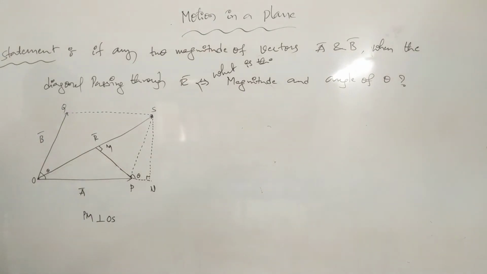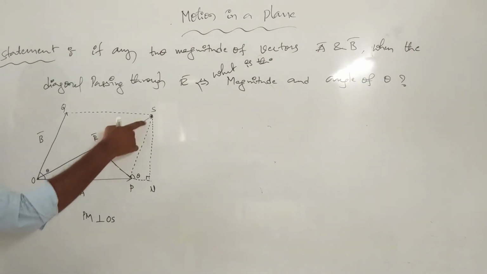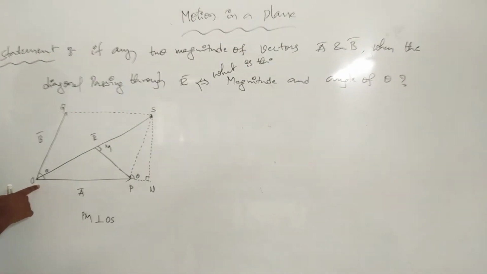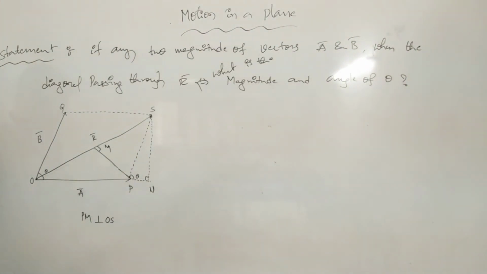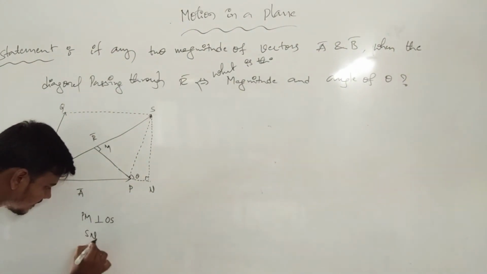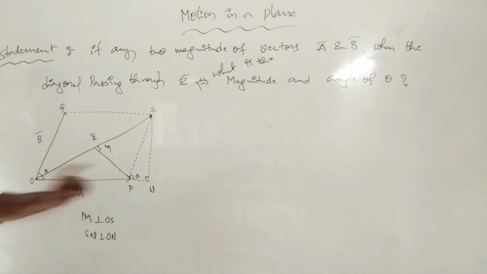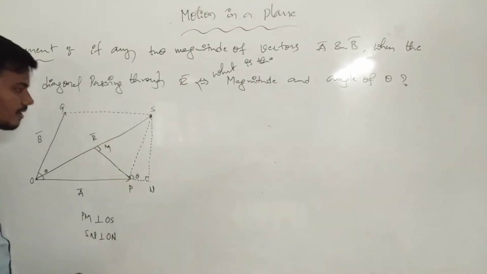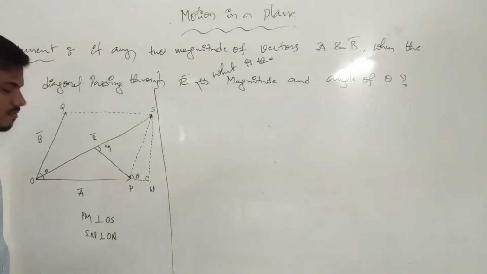First, clear? PM is perpendicular to OS, first statement. Okay. SN is perpendicular to ON. Okay. SN is perpendicular to ON. Okay.